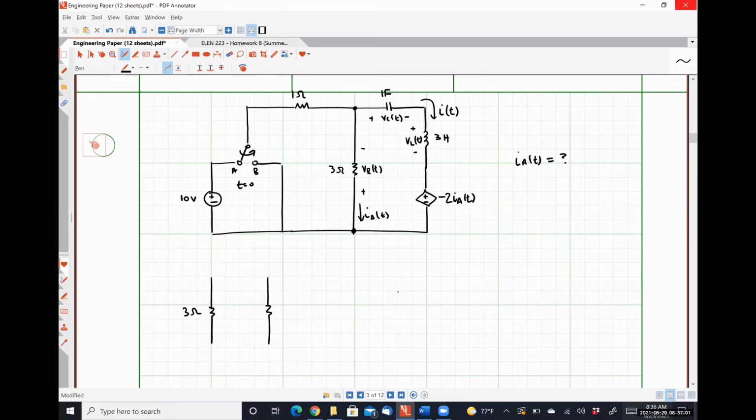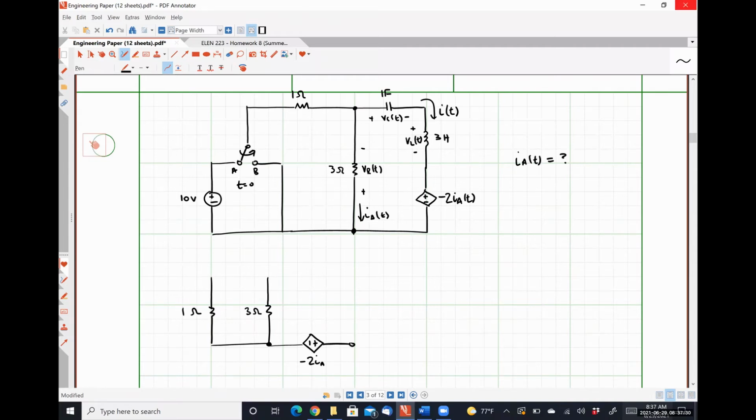Actually, it doesn't really matter because they're in parallel, but I'll have my 1 ohm resistor here on the left, my 3 ohm resistor here. Then I will have a dependent source like so, having a value of -2 IA.